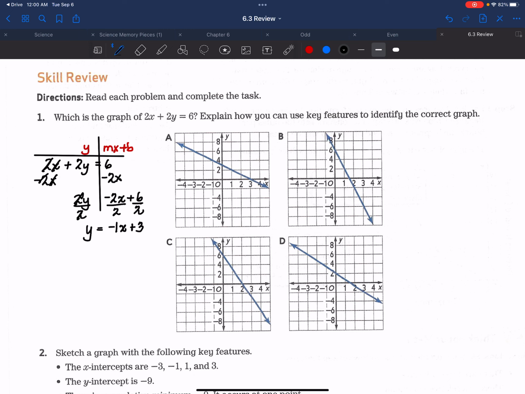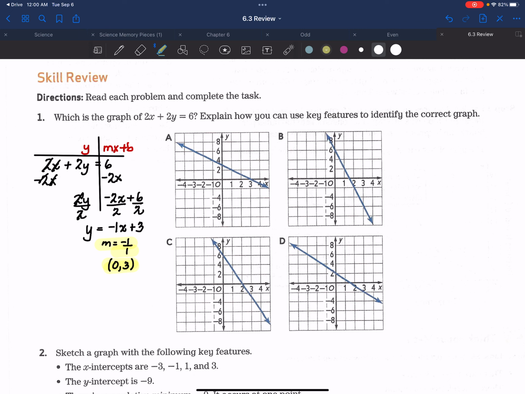So I am looking for something with a negative slope. And wouldn't you know it, they all have a negative slope. But we can also tell about the graph because we know that slope is negative 1 over 1, and the y-intercept is 0, 3. So using that information, I can find the graph we're looking for.